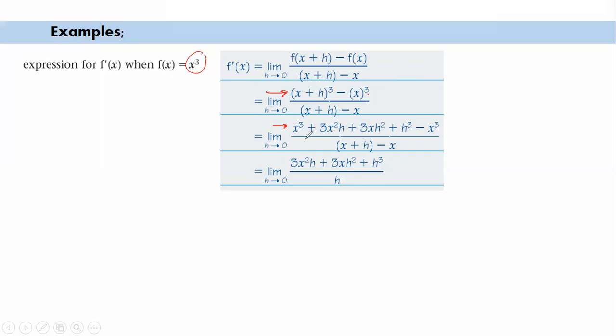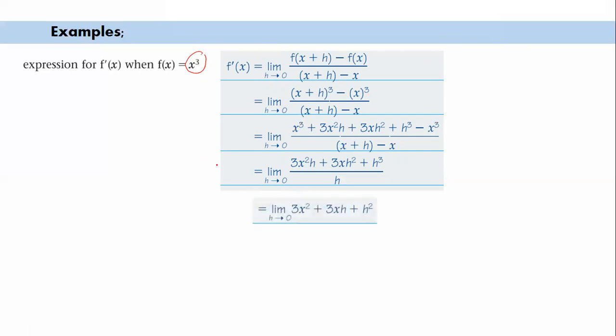So it gives us x to the power 3 plus 3x squared h plus 3x h squared plus h to the power 3, minus x cubed, over (x plus h) minus x when the limit goes to 0. We can simplify this expression. So x to the power 3 and minus x to the power 3 cancel out, and plus x and minus x cancel out, which simplifies the expression to the following step.